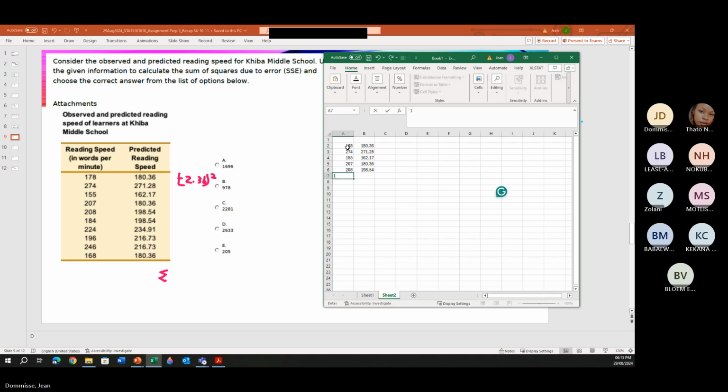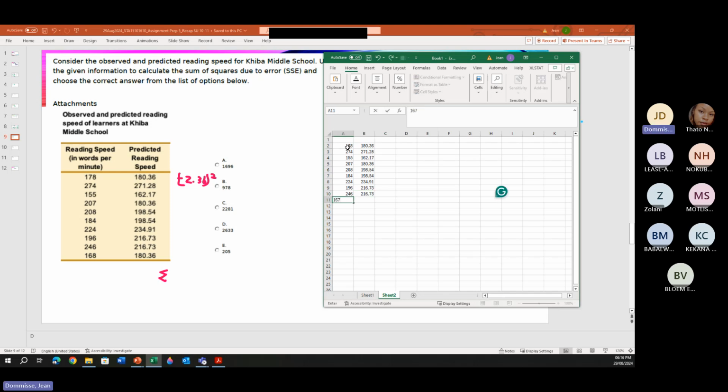So what I normally do when I work in Excel, specifically on these questions, is put in the numbers and then make 100% sure that you have put in the right numbers. So just double check your answers, because it's very easy to make a simple mistake.